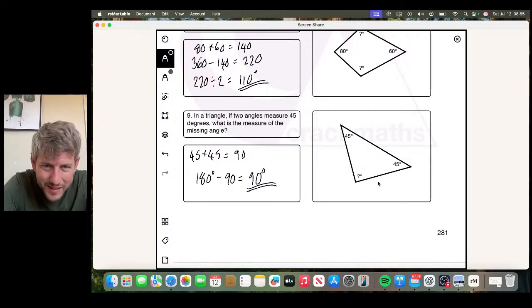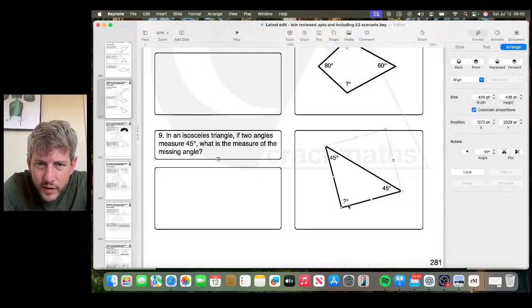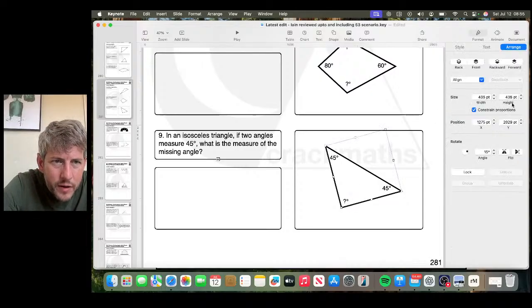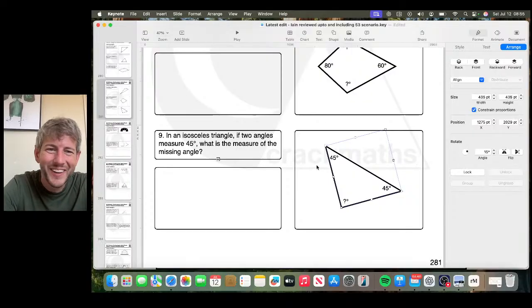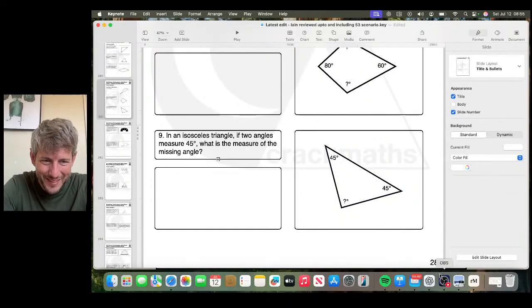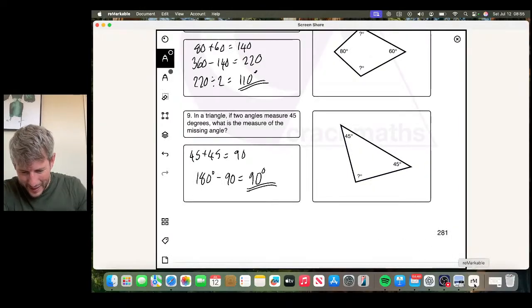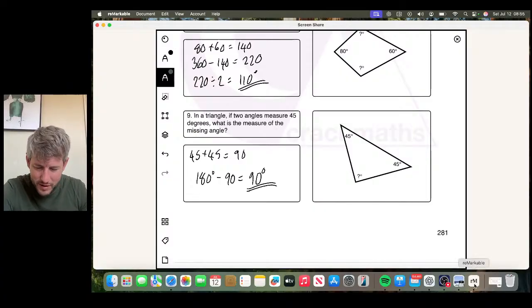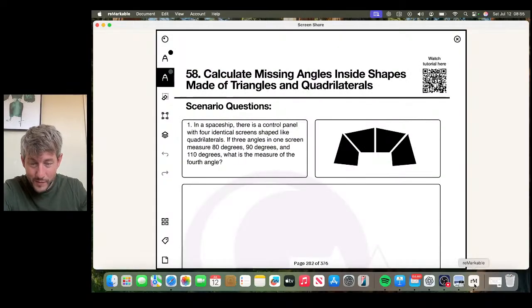One second, let me just go back to Keynote. Is it constraint? Yes, it's just because of the angle. This actually is a perfect isosceles triangle. It's just because it's on its slant, it doesn't look like it. Wow, the power of illusion. Right, so that was the last of that one.